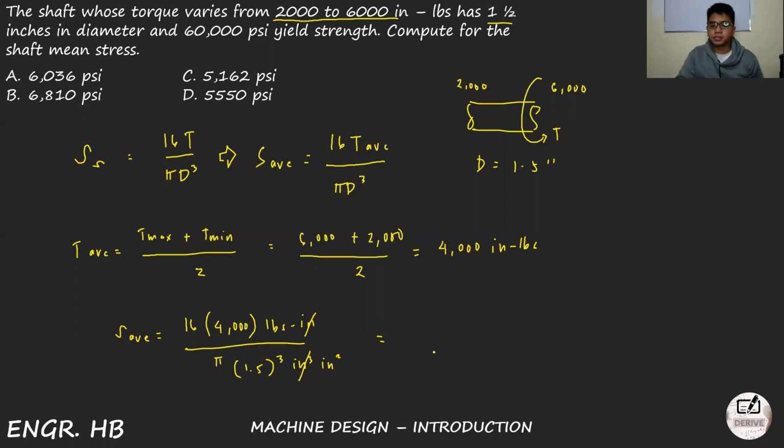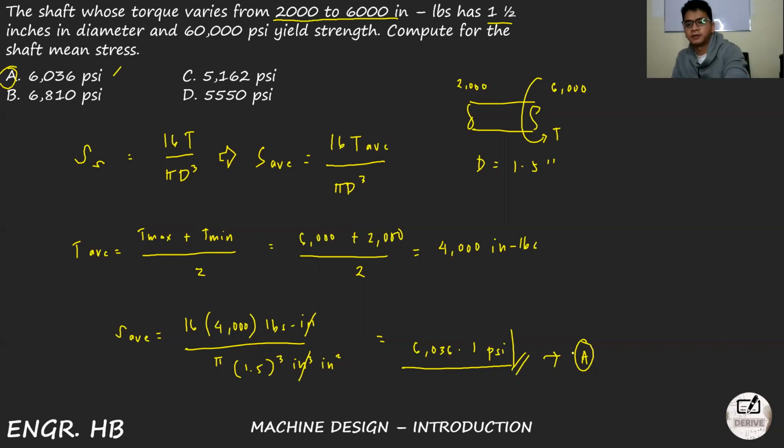So that was 6,036.1 PSI. So meron ba tayong malapit na sagot? So ito, yun, letter A. Meron tayong 6,036 PSI. Okay, so that will be our first question.